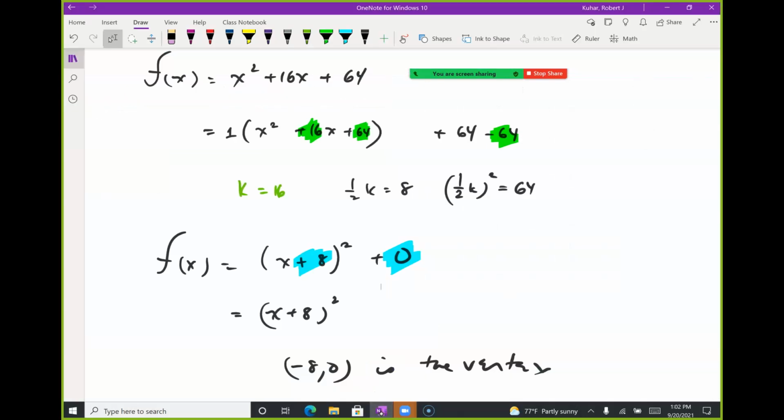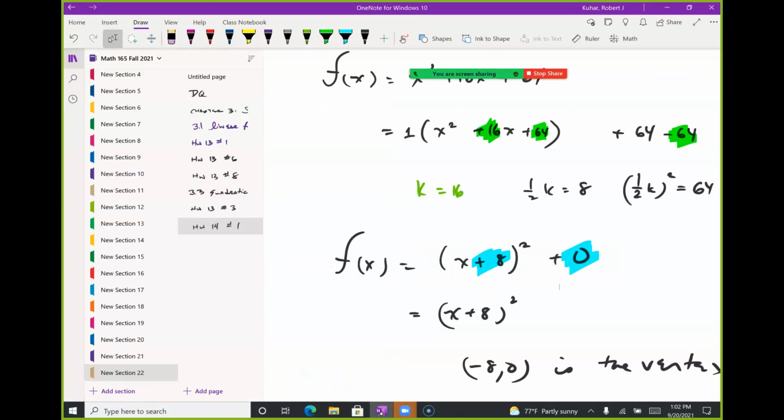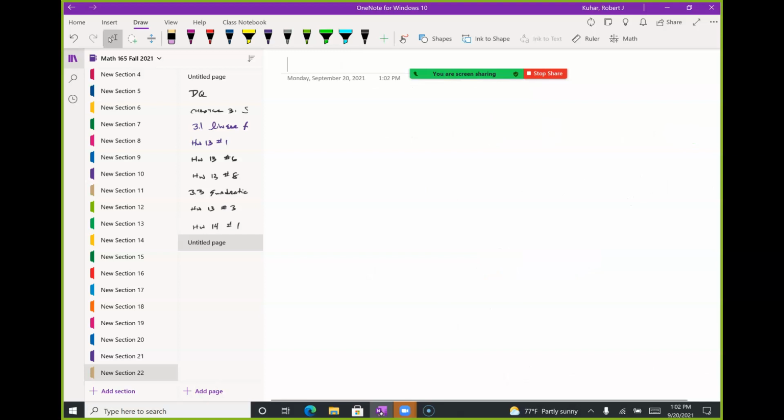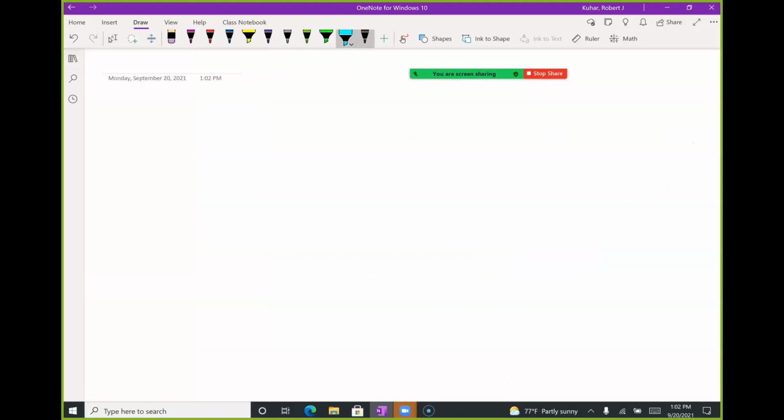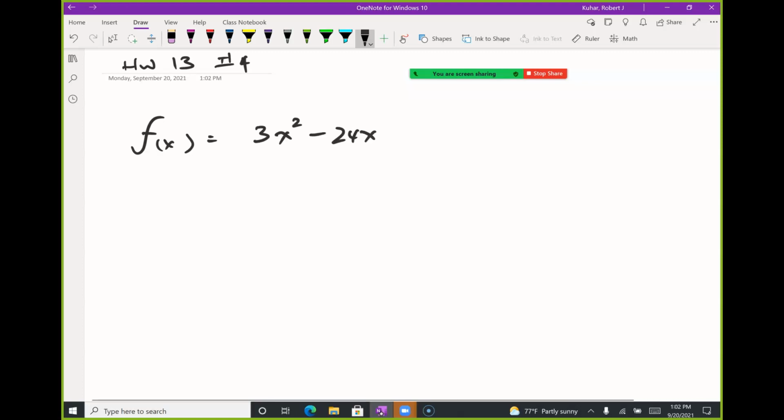See how much we can do on this one without even getting a prompt from the computer. So I've got homework 13, number 4, and I've got f of x equals 3x squared minus 24x plus 46. And I want to graph it. I want to get the domain, the intercepts, maybe the axis of symmetry, everything I can think of, right? But the way we're going to start is complete the square.